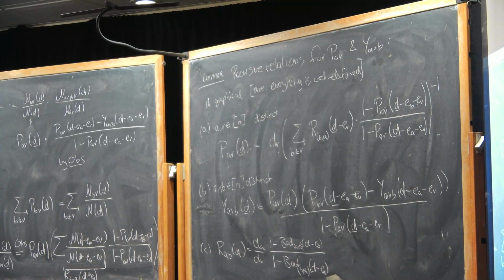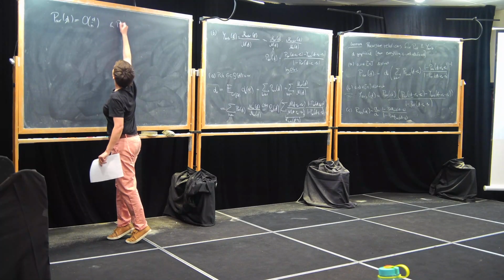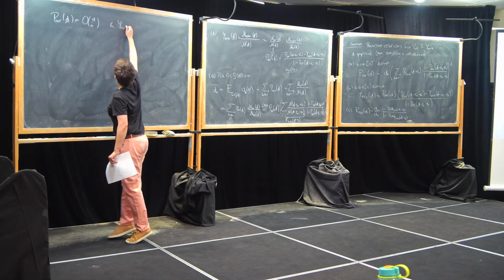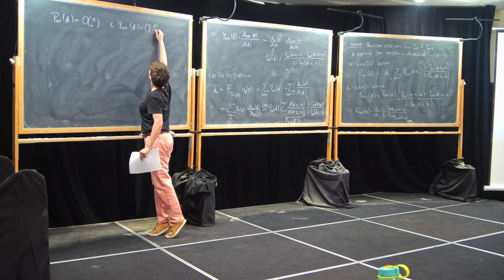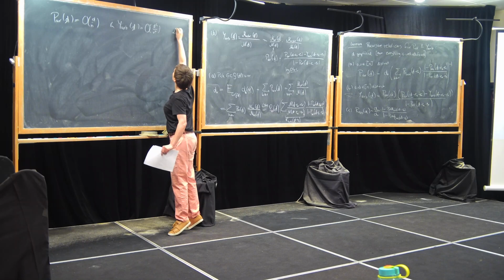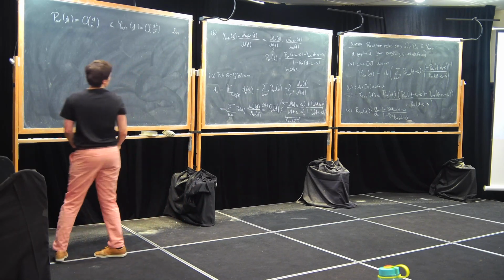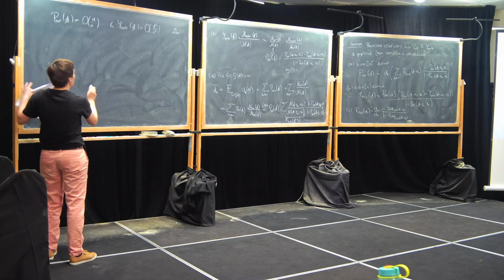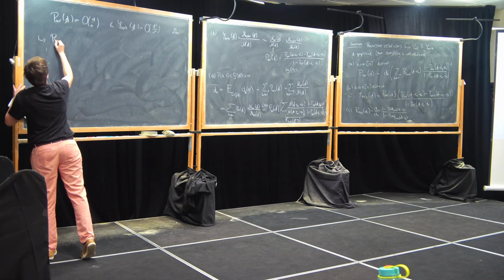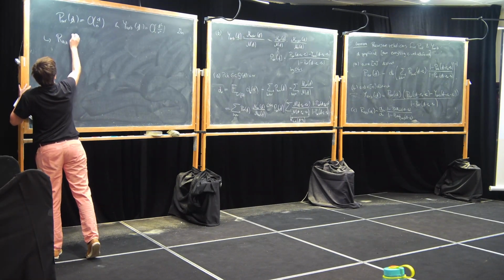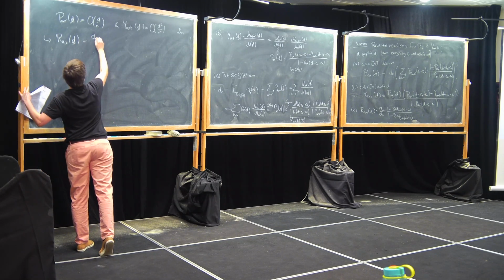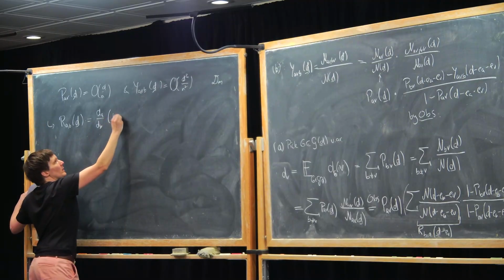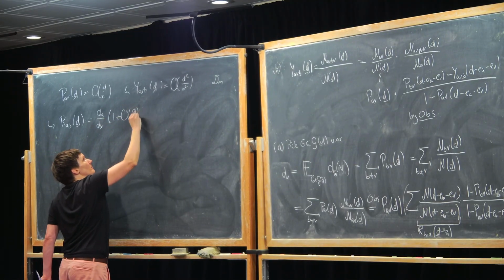So that's the safe argument to show that P_AVB of anything is big O of D squared over N squared. And we have seen that if you plug this into the bad and into the ratio, you get that the ratio R_AB of D was dA over dB times 1 plus big O of D over N.